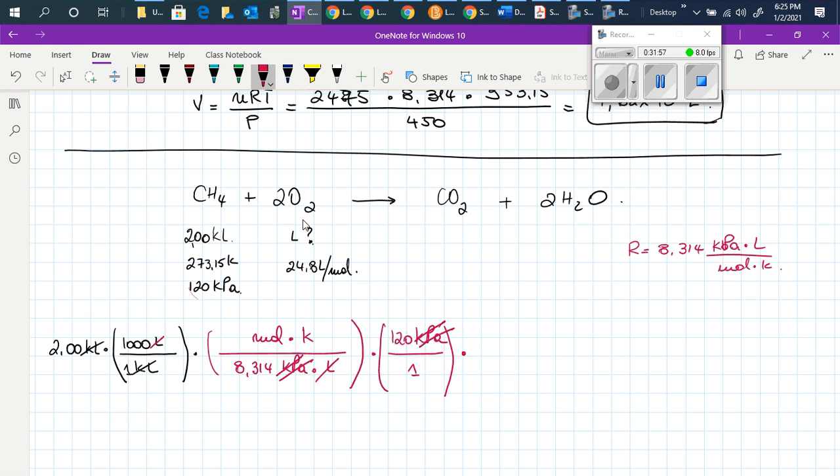So let's cancel out the temperature. And the temperature is 273.15 Kelvin. So Kelvin and Kelvin is canceled out. Now we have the moles of methane, and they are all methane.